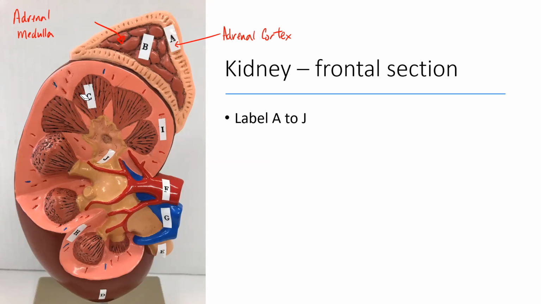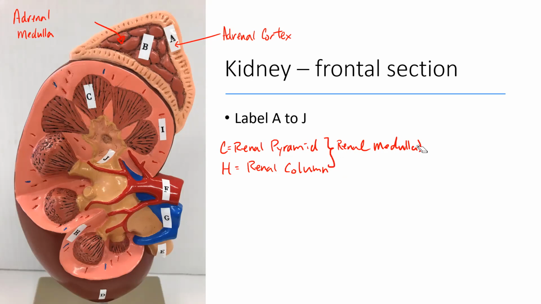C here is the renal pyramid, which is part of your renal medulla. The other part of the renal medulla is H, which is the renal column. Together they make up the renal medulla.